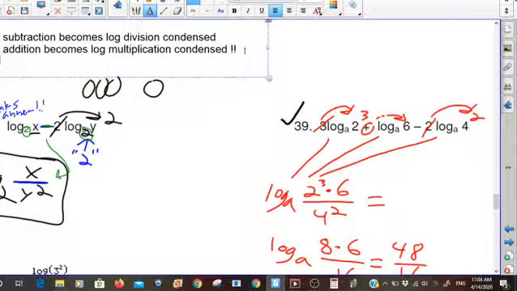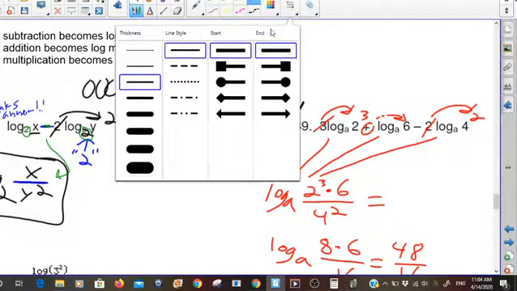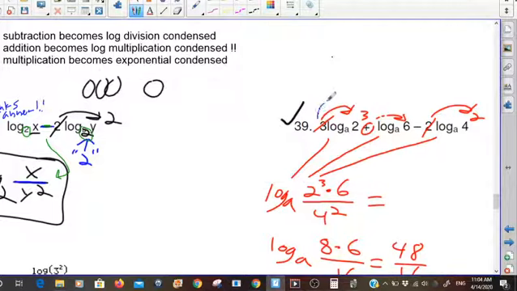So log condensed multiplication, or expanded multiplication, becomes exponential condensed. That just means that this 3 comes in front of the 2. So we have 2 to the 3rd power, remember that? Which is 2 times 2 times 2 is 8. Cool. And then addition, condensed, becomes multiplication.